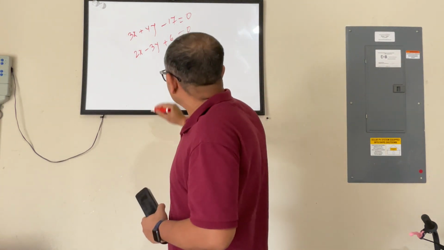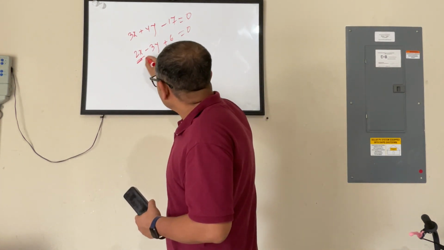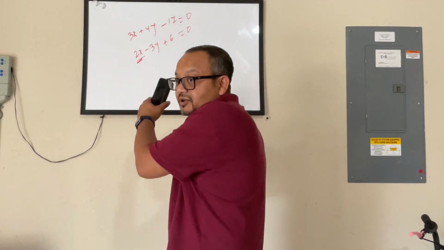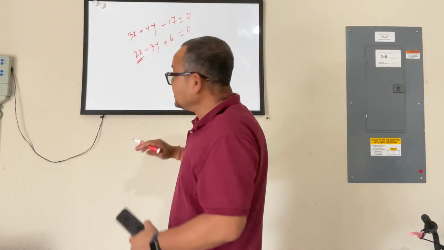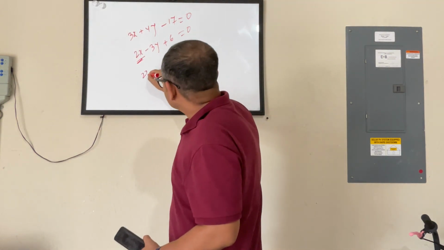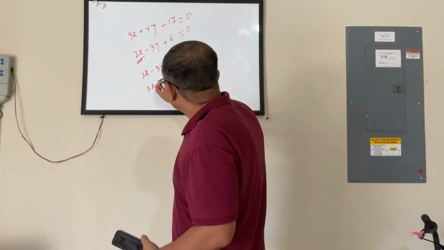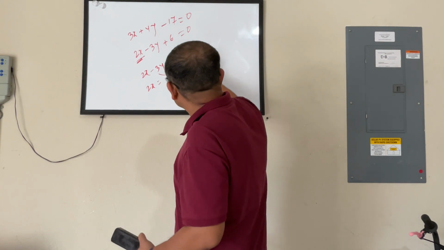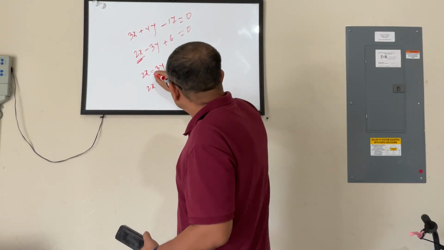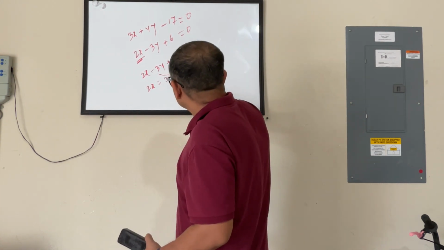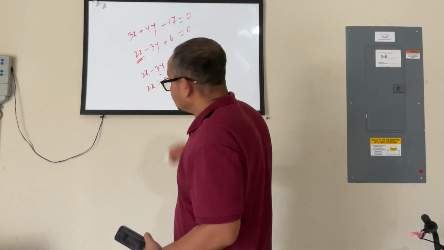Or what you will do is, let me find out the value of x in this equation, and substitute that value in the other equation. Let's say 2x minus 3y plus 6 equals 0. So 2x equals, this goes this side, this goes this side, so minus 3y becomes plus 3y, and plus 6 becomes minus 6.